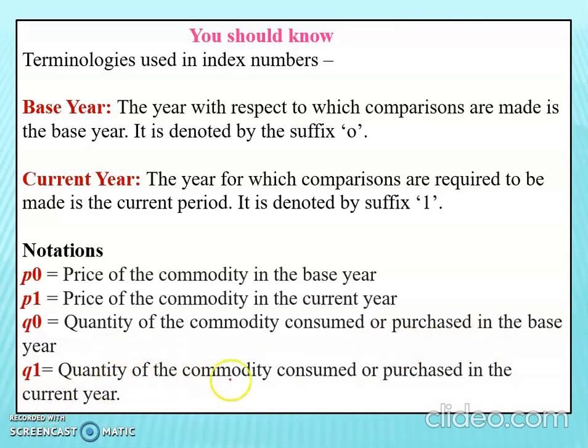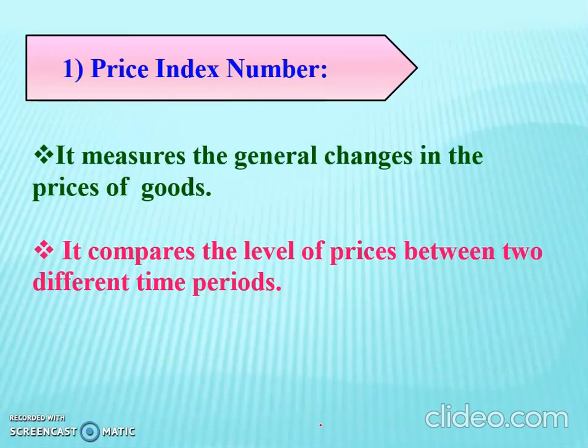Q1 means quantity of commodity consumed or purchased in the current year. This terminology you have to keep in your mind so calculation becomes very easy and it will help you to calculate properly the base year and current year.